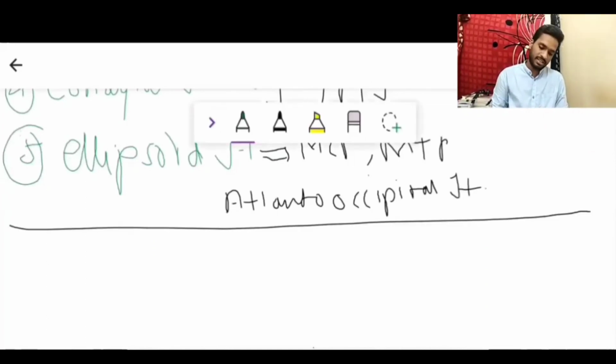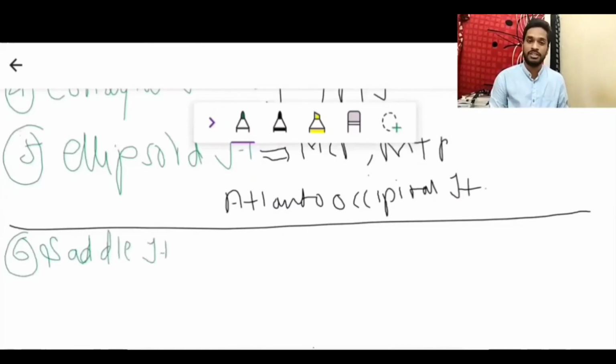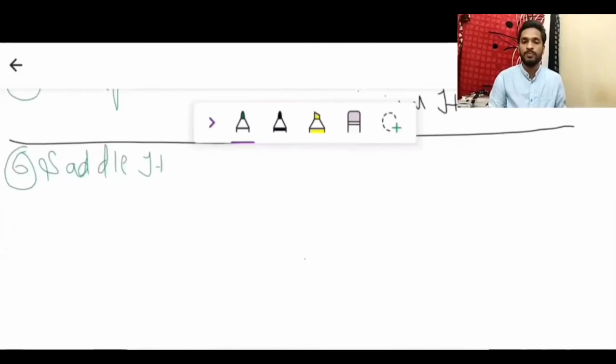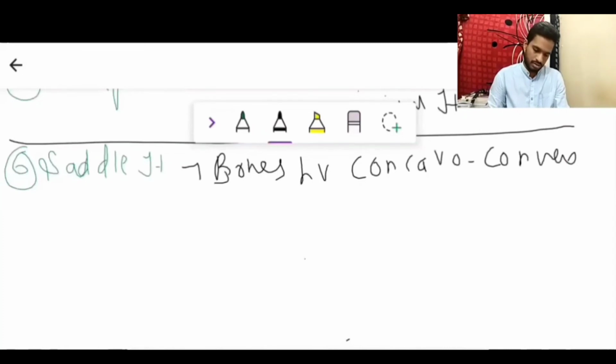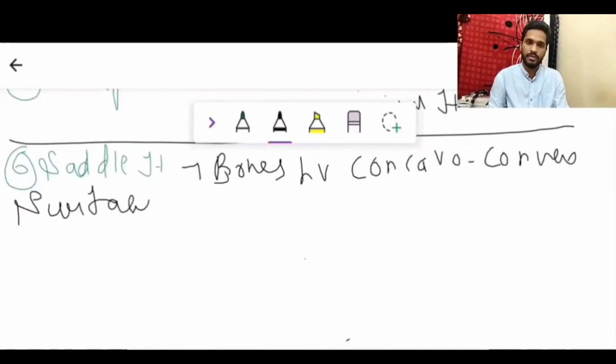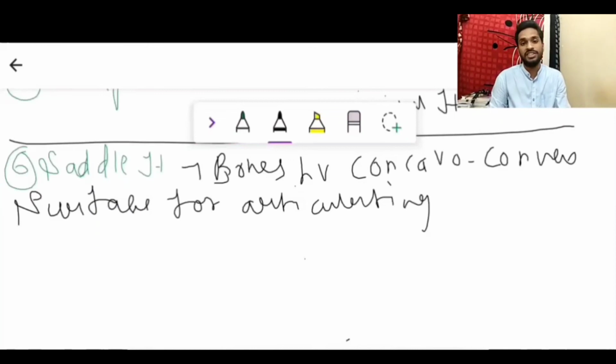Now the sixth is the saddle joint. I told you that we'll talk about the important points of each joint. In the saddle joint, the bones which articulate with each other have concavo-convex surfaces for articulation. I'll write it.